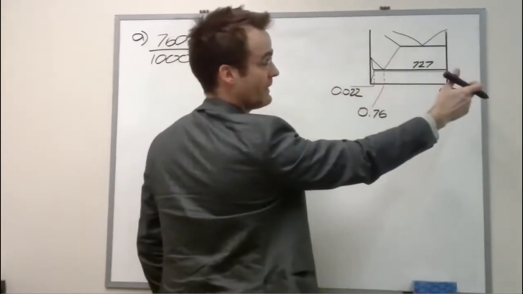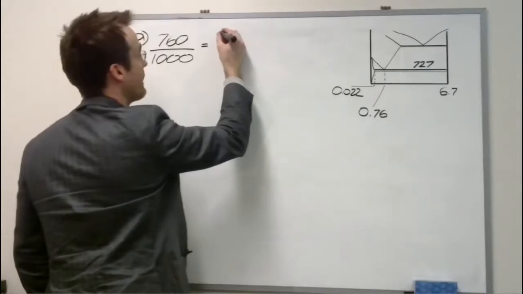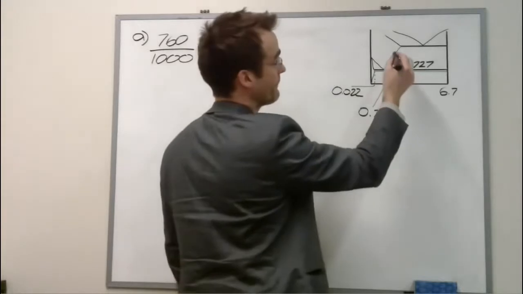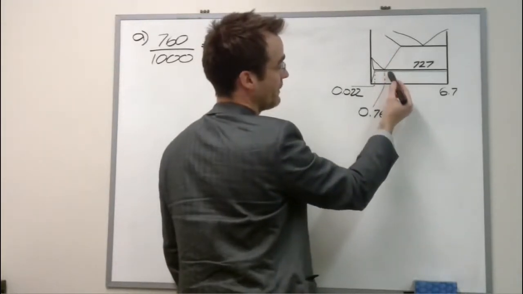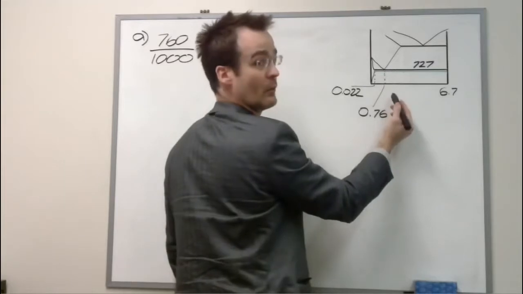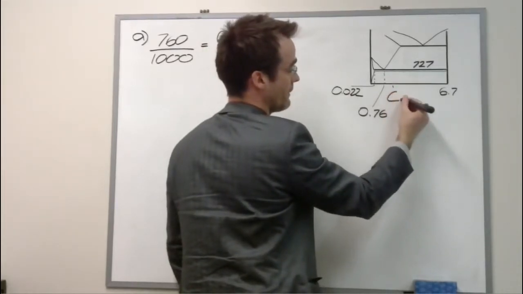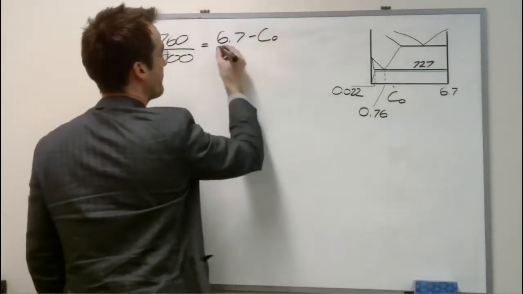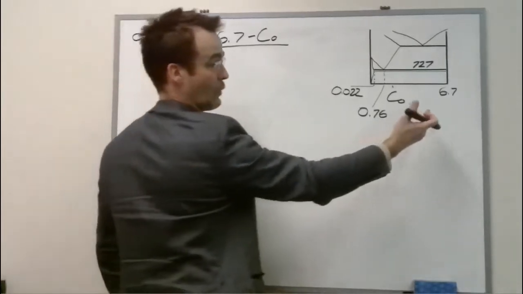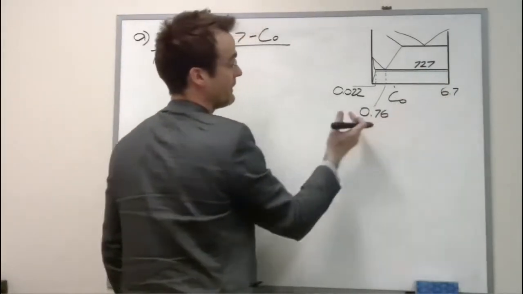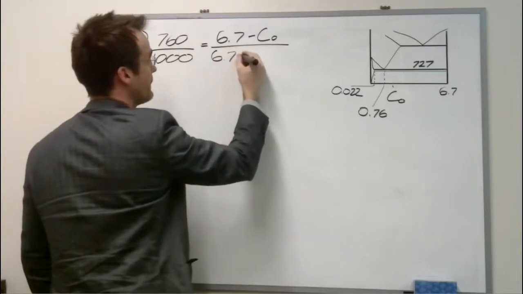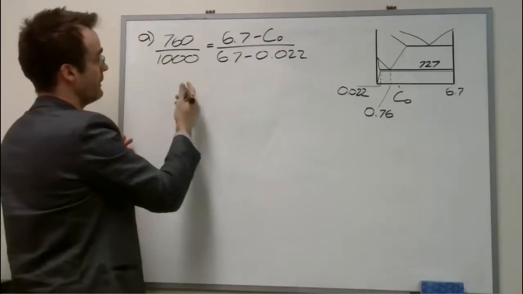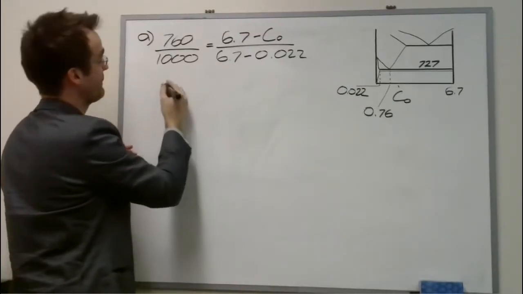So we take the opposite side of the line, 6.7 minus the composition. Now remember, we said the composition is going to be somewhere in here. We don't yet know where it is. We'll call it C naught, overall composition. Over the total length of the tie line, 6.7 minus 0.022. So we can just do some simple math.